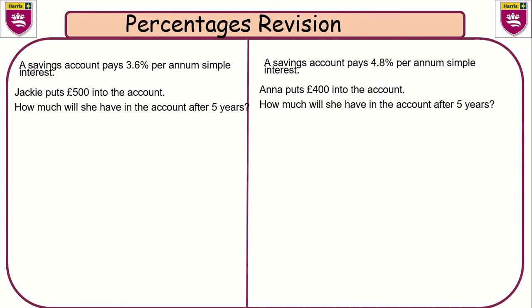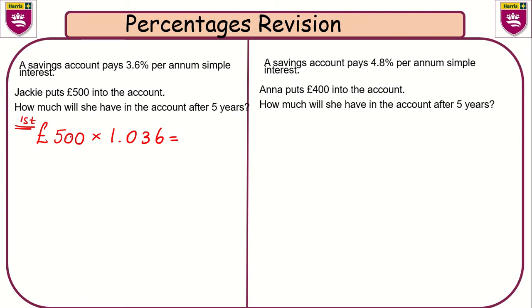Now, we've got a saving account that pays us 3.6% for every year, and Jackie puts £500 into the account. For the first year, when I add 3.6 to 100, that will give me 103.6%. Convert 103.6% into a decimal, that will be 1.036.